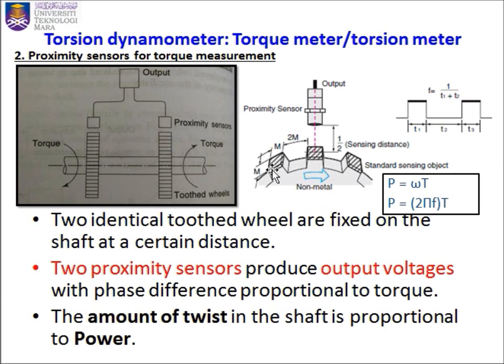This is the tooth wheel. Through the proximity sensors, they produce output voltage with phase difference proportional to torque. Here are the two proximity sensors. So the amount of twist in the shaft is proportional to the power.